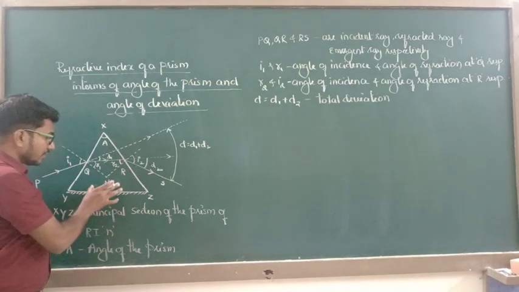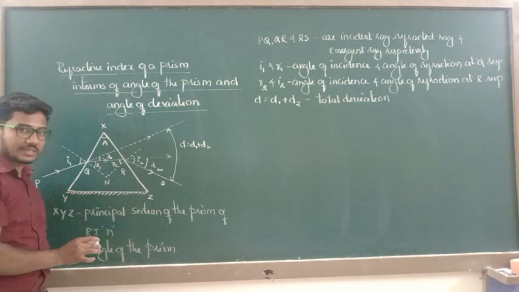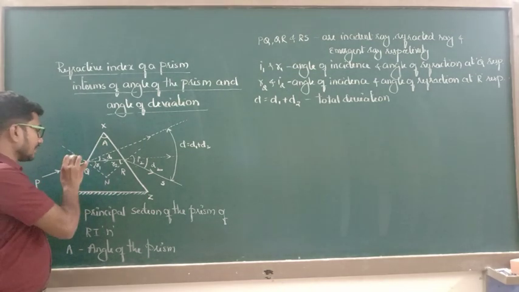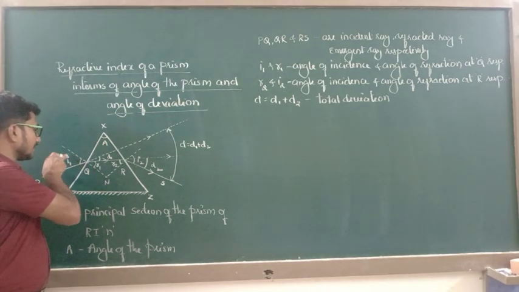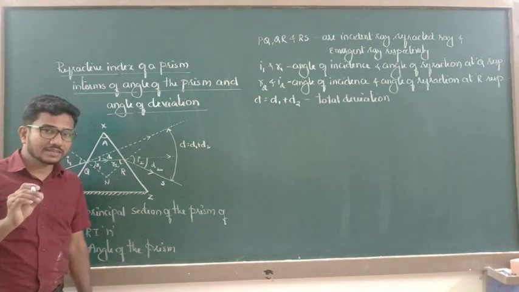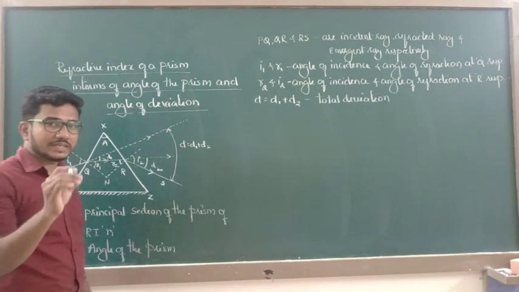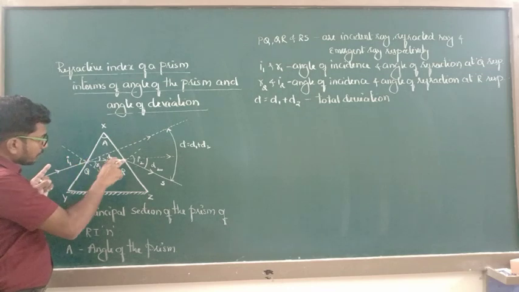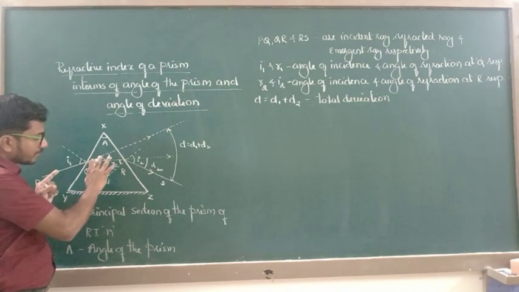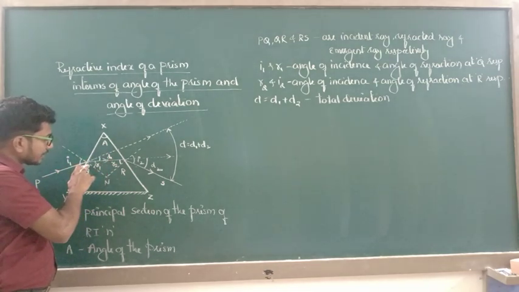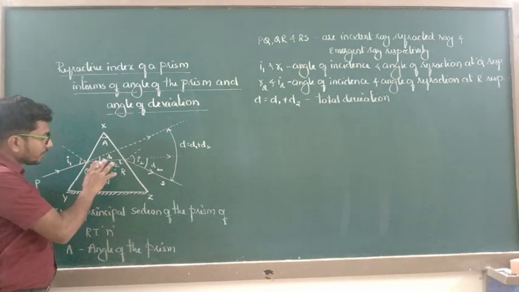Then applying Snell's law, the ratio of the sine of the angle of incidence to the sine of the angle of refraction gives the refractive index of the medium in which we observe the change in path. Clearly we observe the change in path in this denser medium, the prism. Therefore, applying Snell's law at this point, we will get the refractive index of the prism.